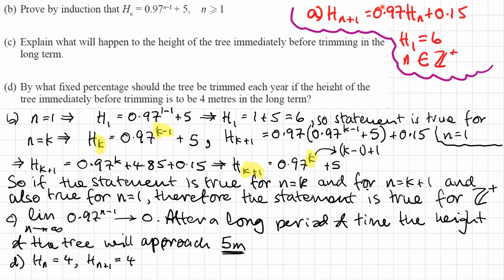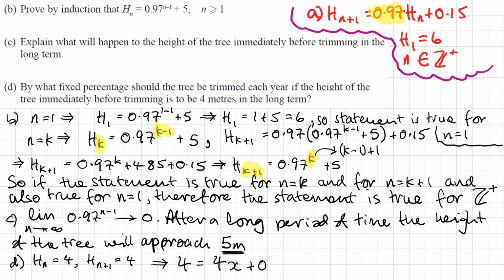But this represents the percentage of the trimming each year, so we want to do something with that. We basically want to work out what percentage it should be. So if I put those numbers into that recurrence relation, I want the next height to be 4, and I want the previous height to be something times by 4, let's call that x, so 4x, where x is the multiplier that I can use to work out the percentage that should be trimmed each year, plus 0.15.